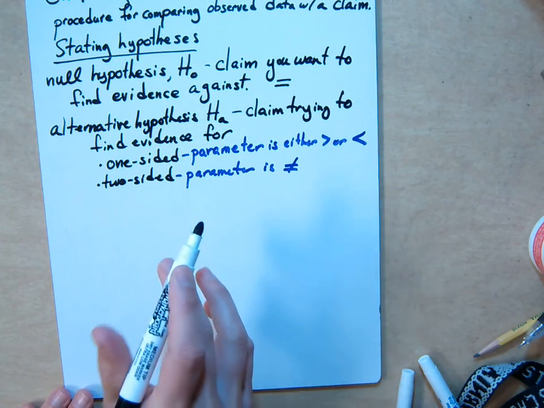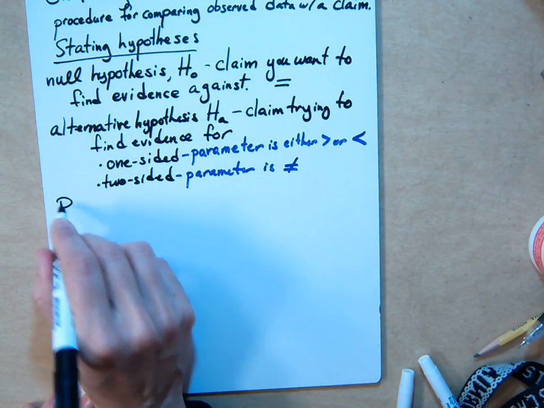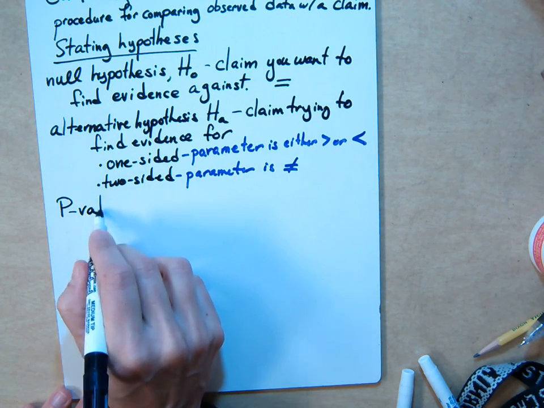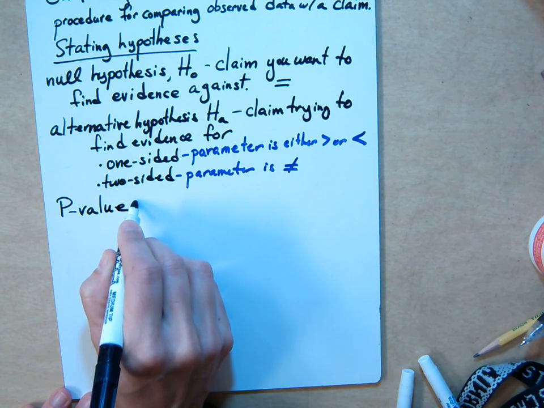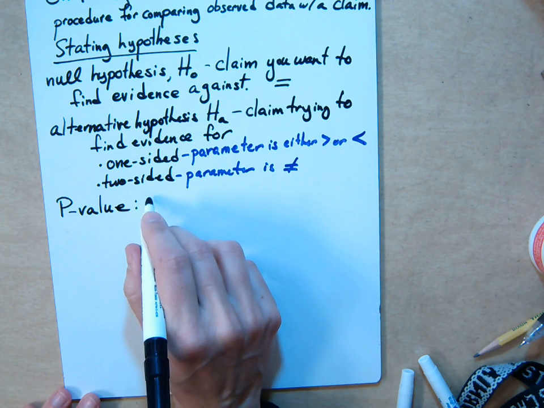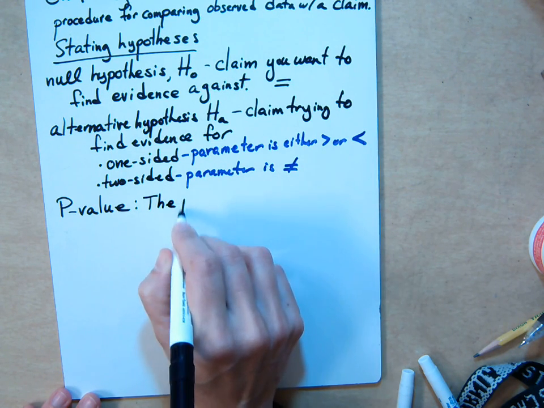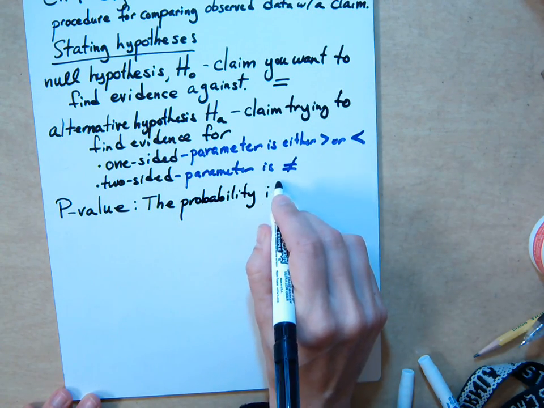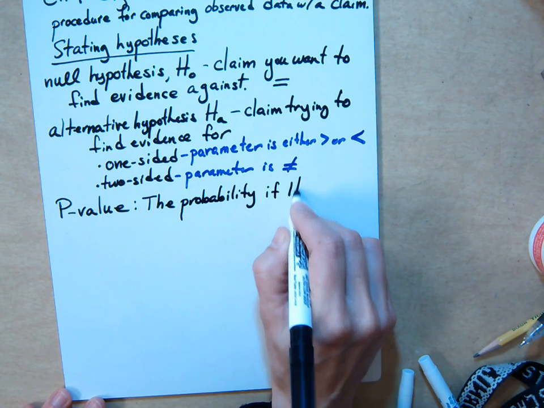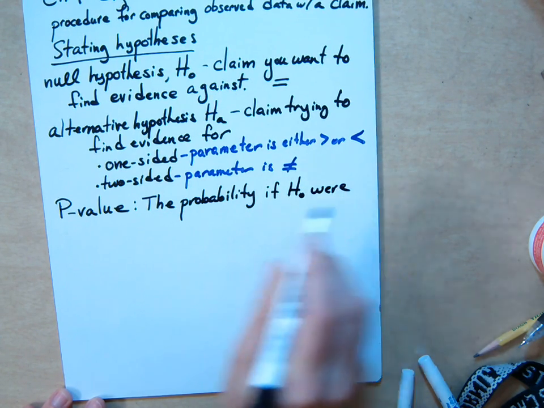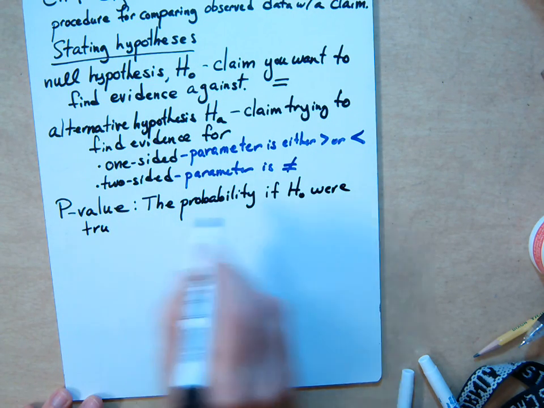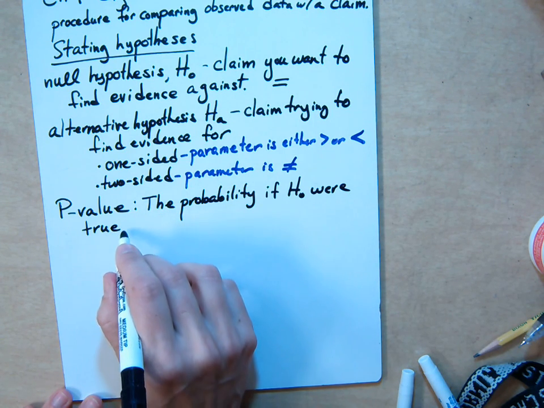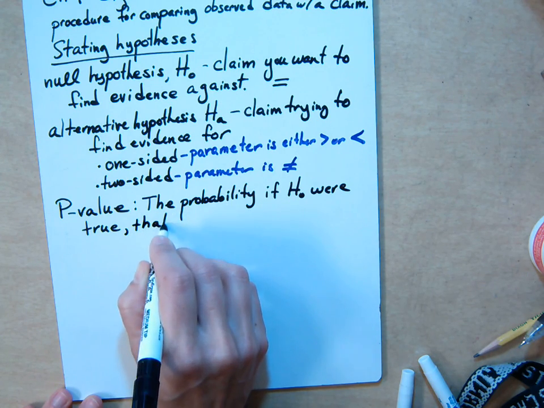Okay, more terminology, and then you'll see how this all fits together in an example. We need to define what the p-value is here. So the p-value, what is that? The p-value is the probability, if H0 were true, the null hypothesis were true, that we would get the observed result.